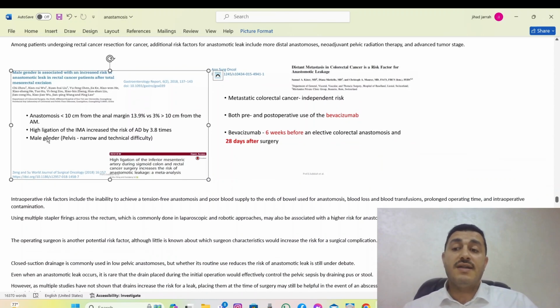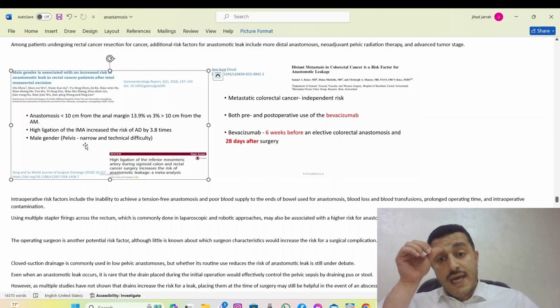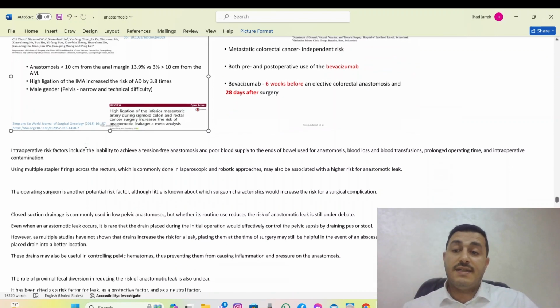It also highlights that high ligation of the inferior mesenteric artery at the pedicle of the aorta increases the risk of anastomotic dehiscence or leak. Male gender, as we said, the male pelvis is narrower and we have a technical difficulty.